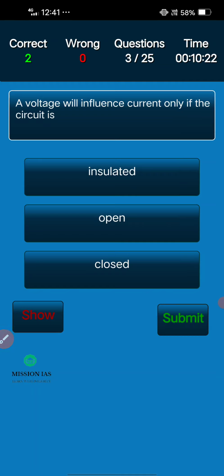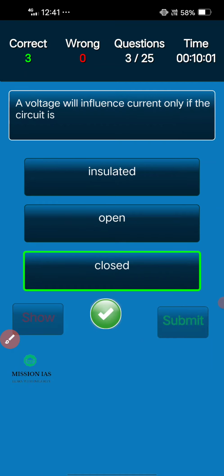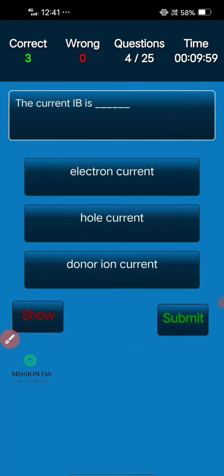We know that I is equal to V by R, so I is directly proportional to V. So whenever the circuit is closed, the voltage influences the current.